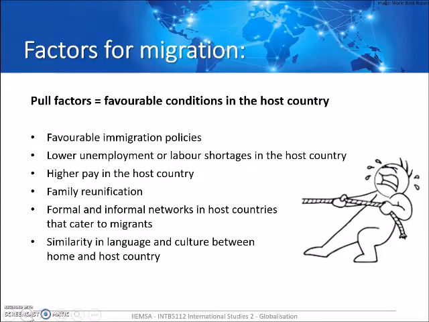So as a Senegalese, you will arrive there and you'll already have a support structure. And then obviously, this goes also with the example that I just made, a similarity in language and culture, right? Particularly in language. Obviously, if you can migrate to a country that speaks the same language that you already speak, you have a massive advantage.